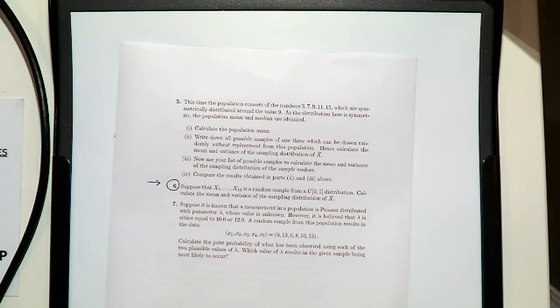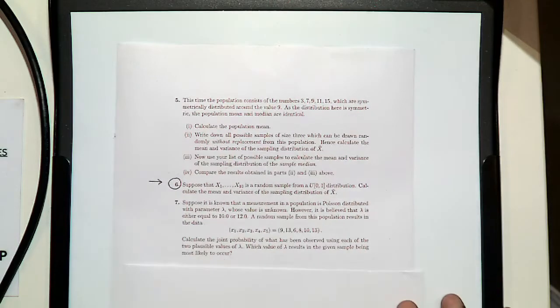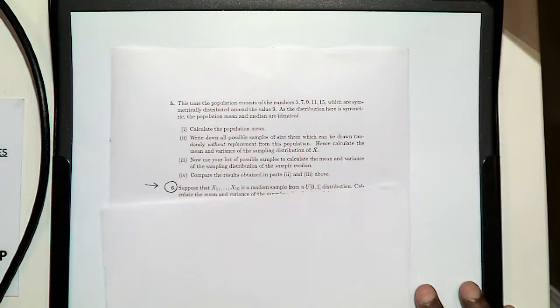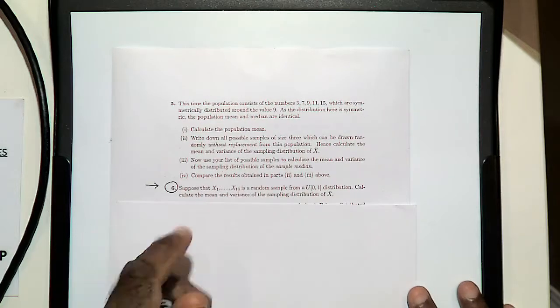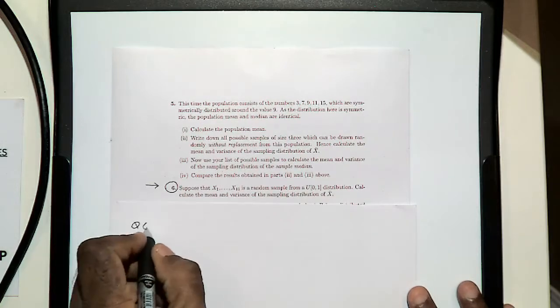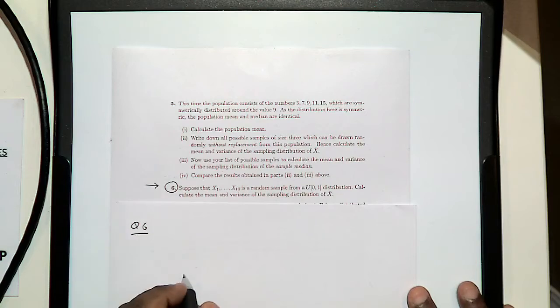Alright, if you haven't done it, let me show you how to do question number 6, okay? So this is based on stuff that we covered last week in the lectures, right?